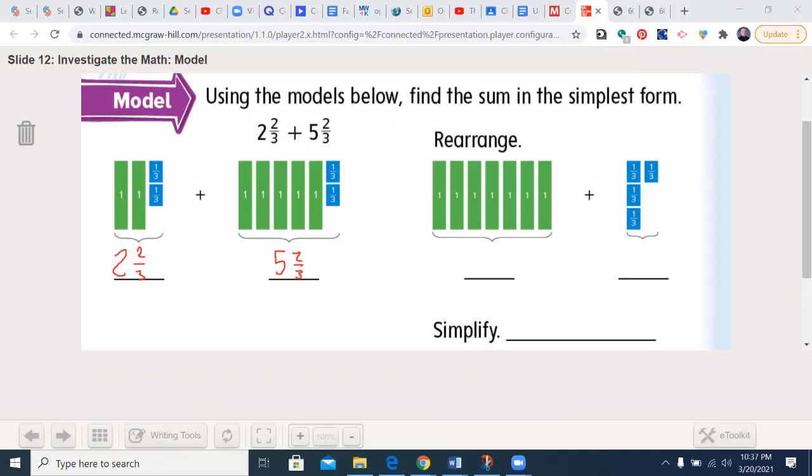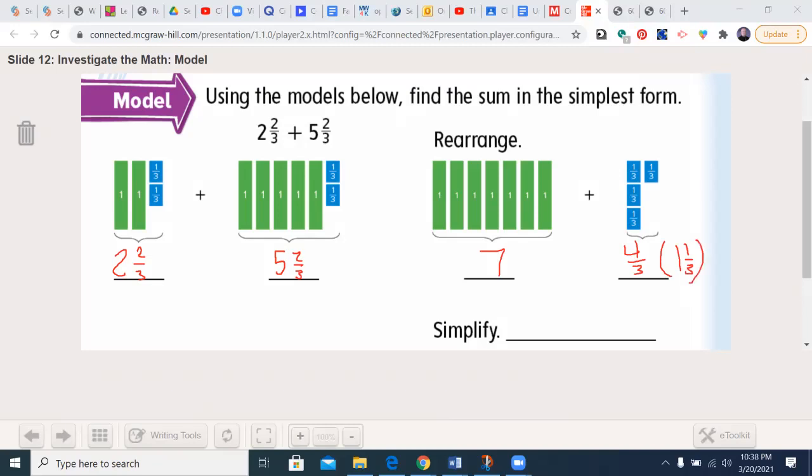Put them together. You see I have 1, 2, plus those 5. So 1, 2, 3, 4, 5, 6, 7, once I rearrange. So my whole number portion was 7. And then I have 1, 2, 3, 4/3. Put them together. 4/3 is really going to be 1 and a third.